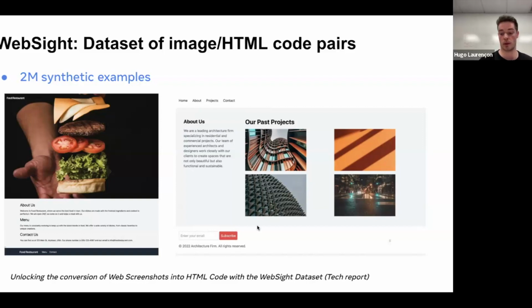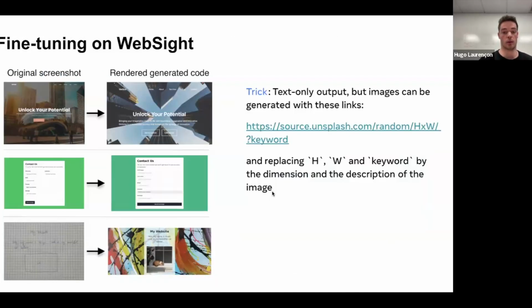So this is what we did, and in the end, we could generate pretty simple website applications, but still it was nice to see that you could even generalize to handwritten websites.